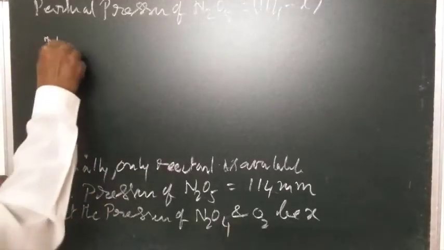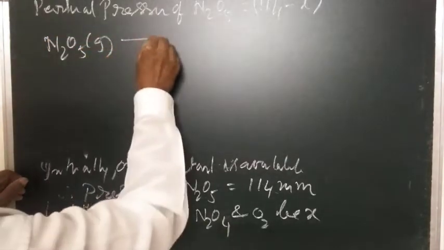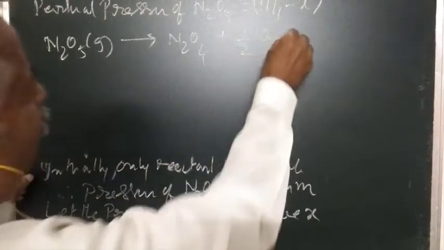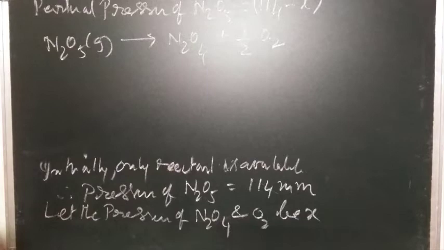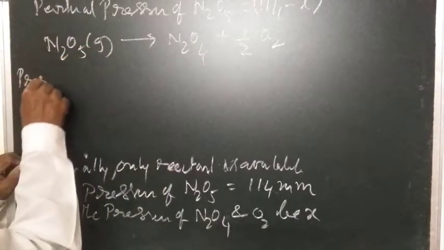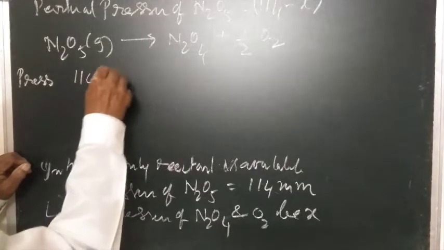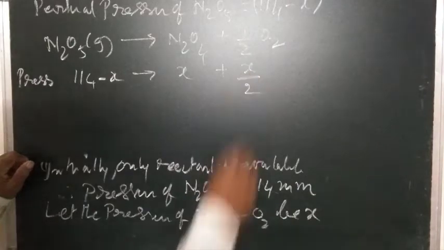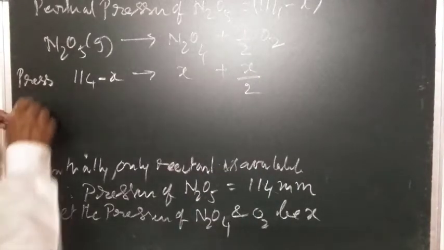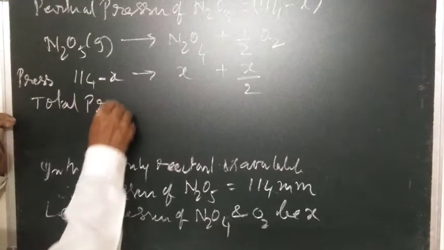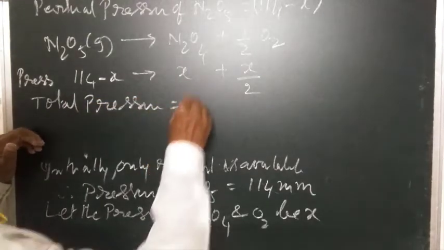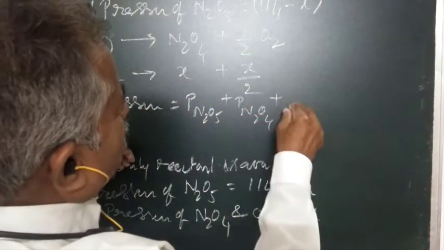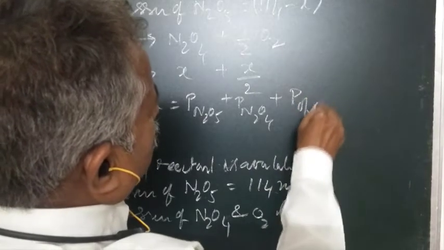Now the reaction is N2O5 gas gives N2O4 plus 1 by 2 O2. Pressure of the substances: 114 minus X gives X plus X by 2. Now total pressure equal to pressure of N2O5 plus pressure of N2O4 plus pressure of oxygen.